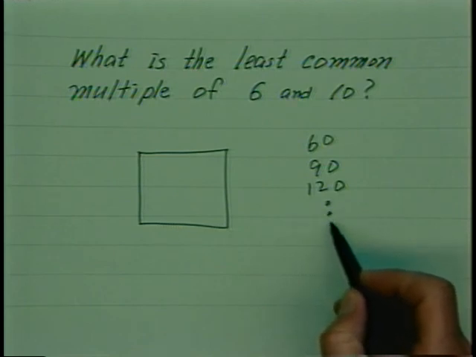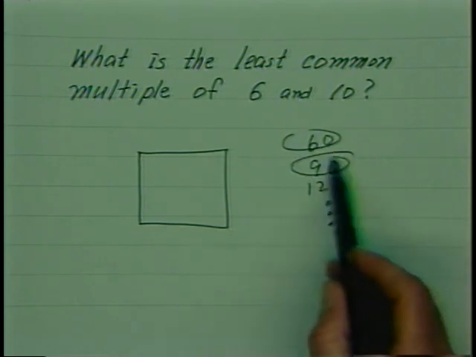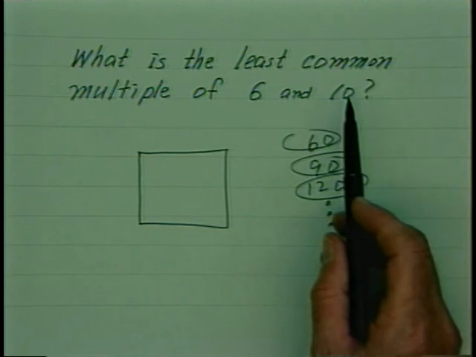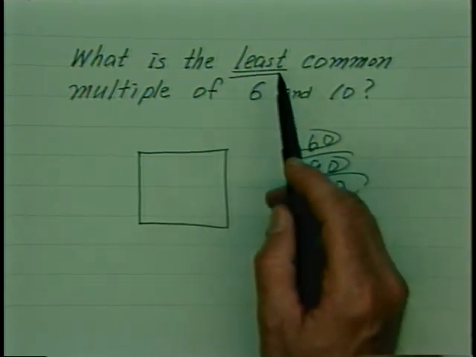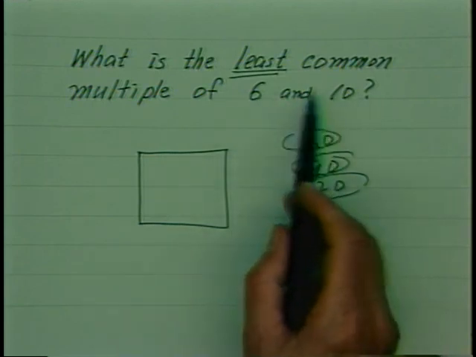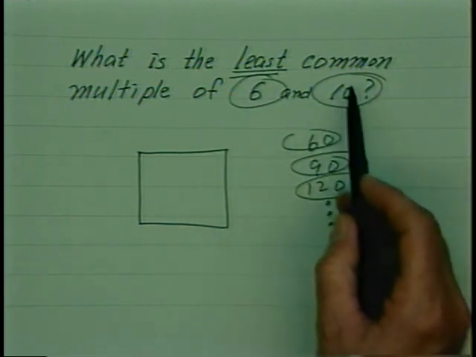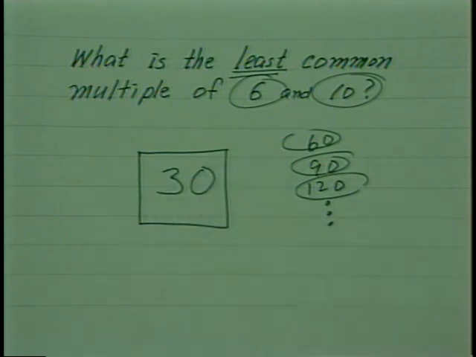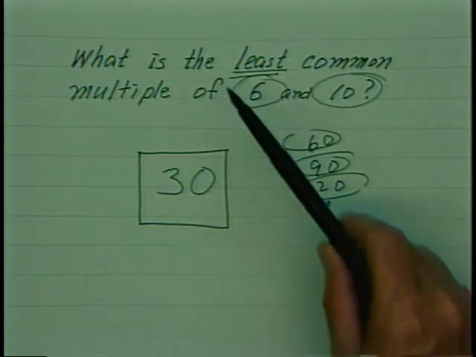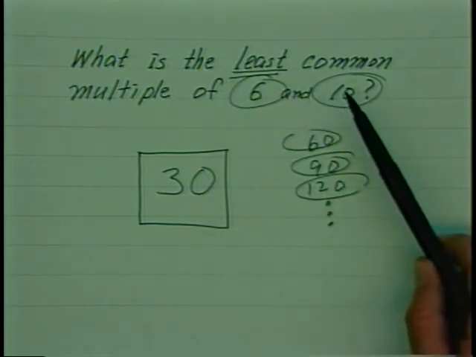There's an infinite number of numbers that these two will go into evenly. But we're asking, what's the least of them? And without too much thinking with two simple numbers like this, and without any work, you'll probably realize it's 30. 30 is the smallest number that each of these will divide into.